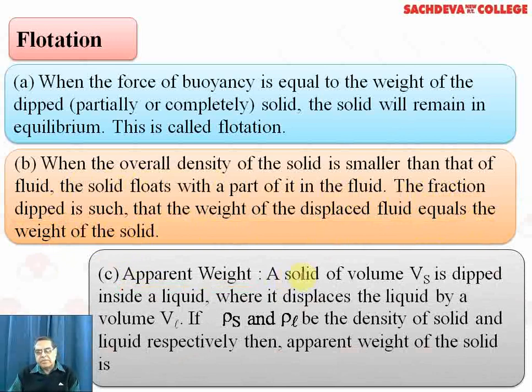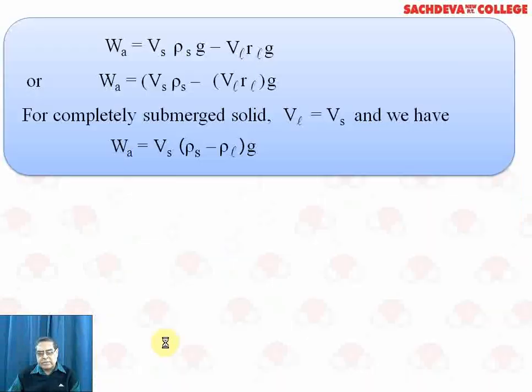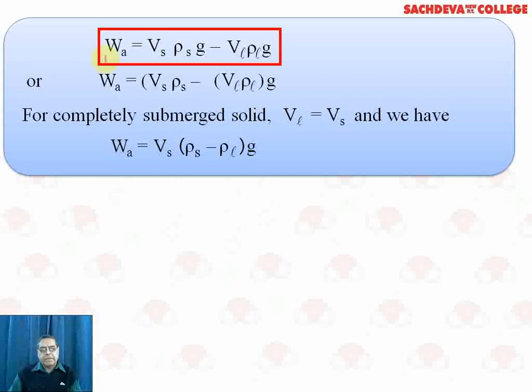Apparent weight. A solid of volume Vs is dipped inside a liquid where it displaces the liquid by volume Vl. If rho S and rho L are the density of solid and liquid respectively, then the apparent weight of the solid is Vs rho S g minus Vl rho L g, where rho S means density of solid and rho L means density of liquid.